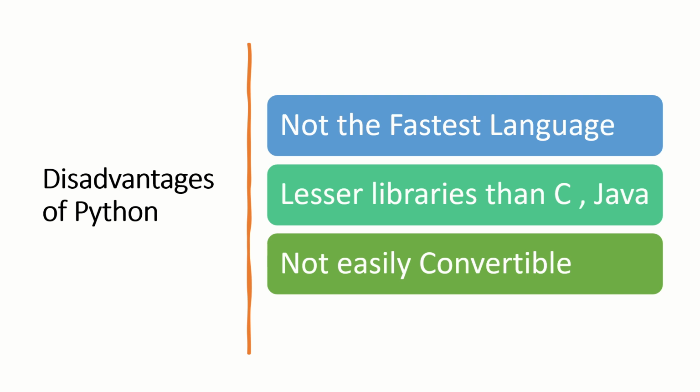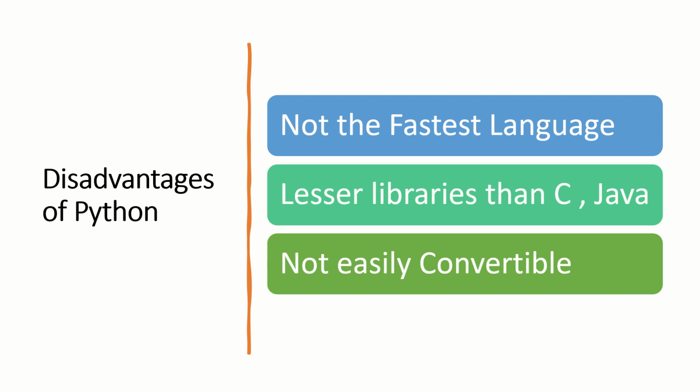Though it offers faster development times, the execution times are not that fast compared to some compiled languages like C++ or Java. The result of Python is a little slower than programs written in Java or C++.